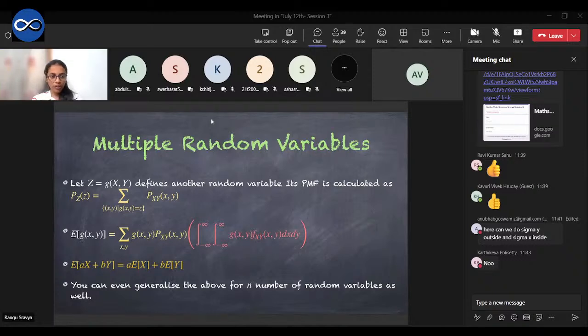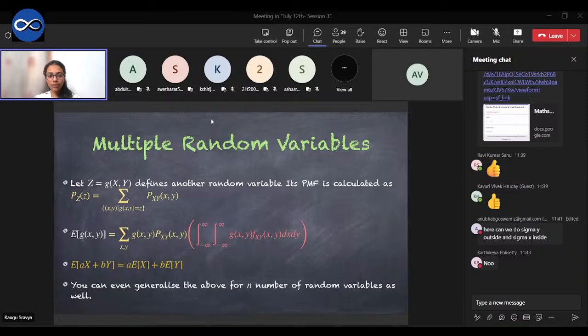Next, E of ax plus by is equal to a into E of x plus b into E of y. Again, you can derive it easily. You can even generalize the above for n random variables as well. Actually, all the above things, the joint PMFs which we discussed for two random variables, you can generalize for more than two.